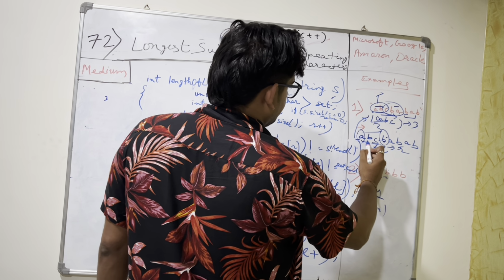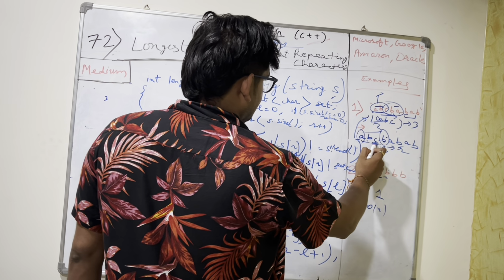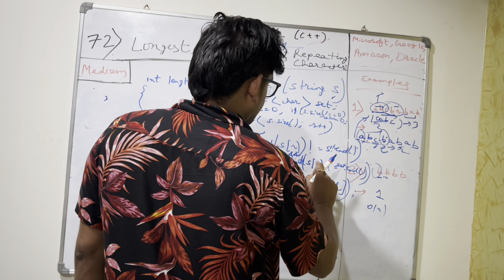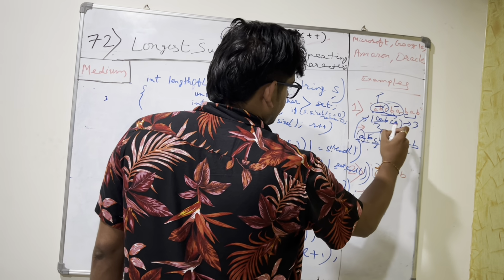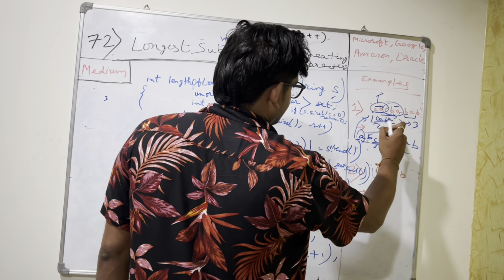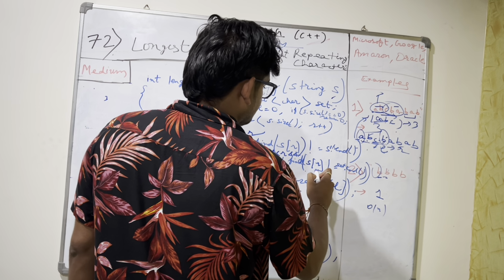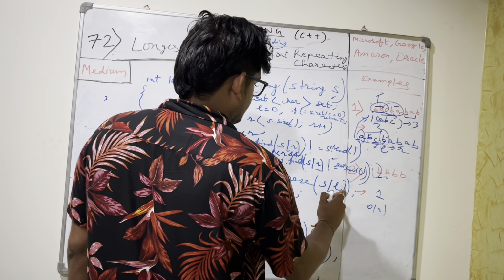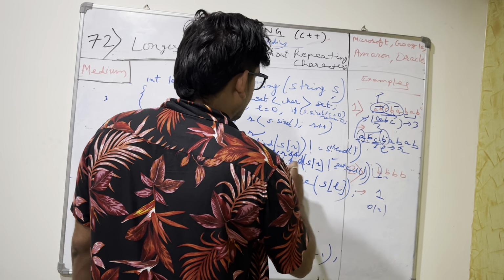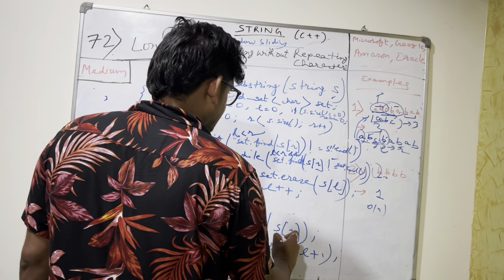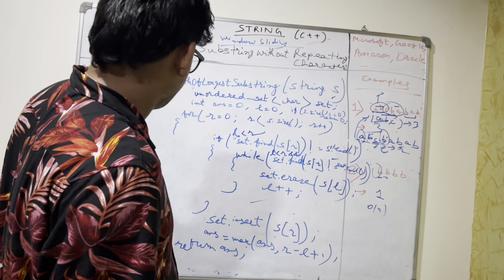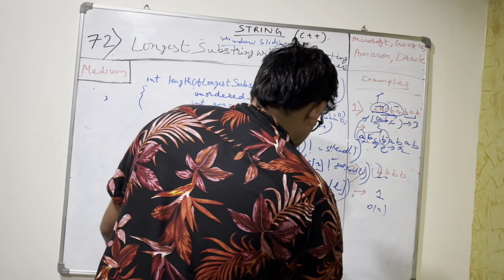Then when B is removed, we see this set doesn't have B, so this loop will terminate because B has been removed. So we will get out of this loop, and then we will insert this B again.